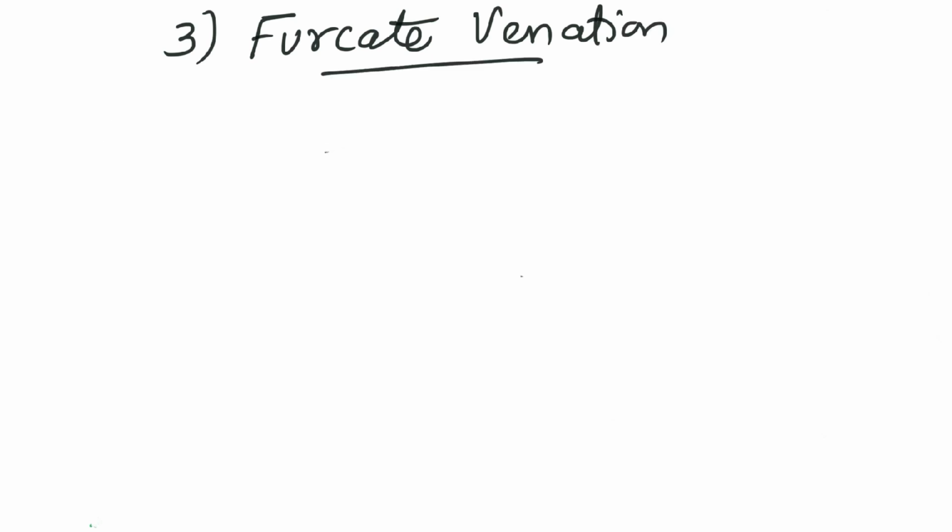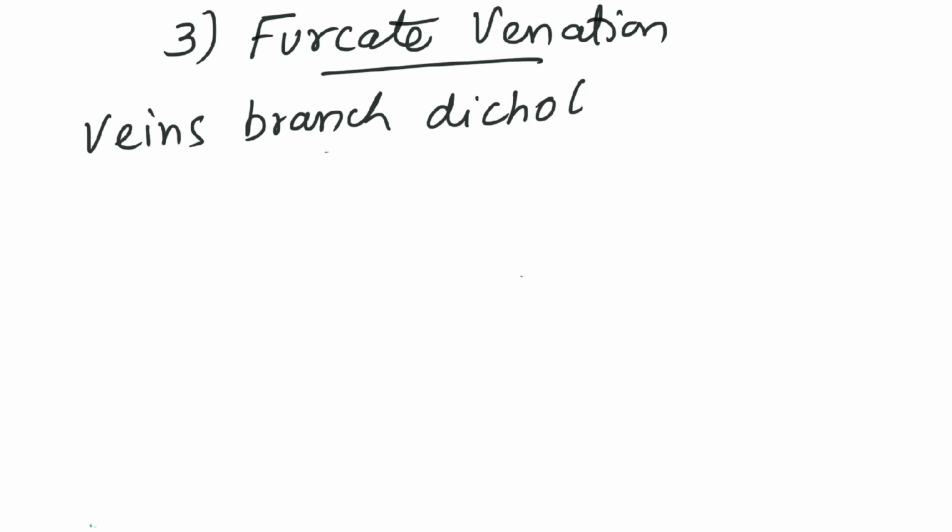Going on to the last division under venation, that is the furcate venation. So here we have the veins which are branching dichotomously. So that's a key point.